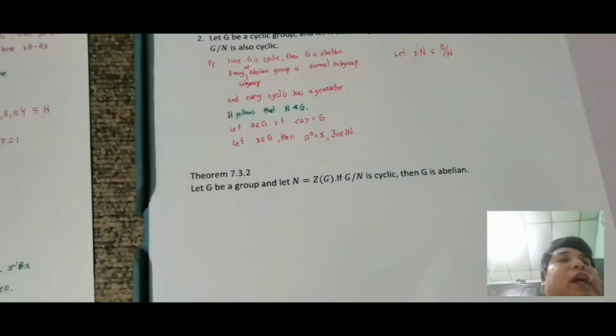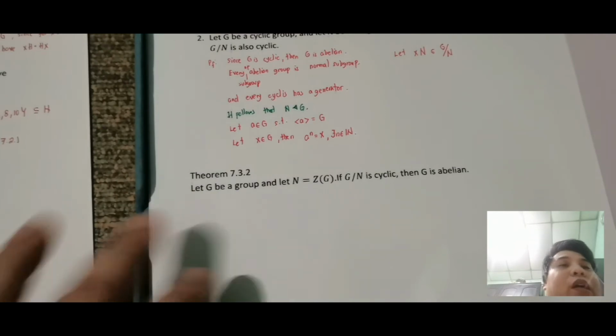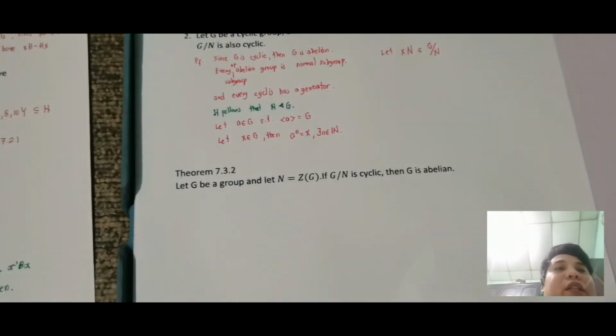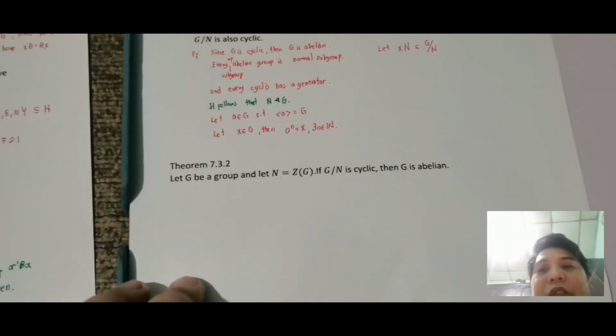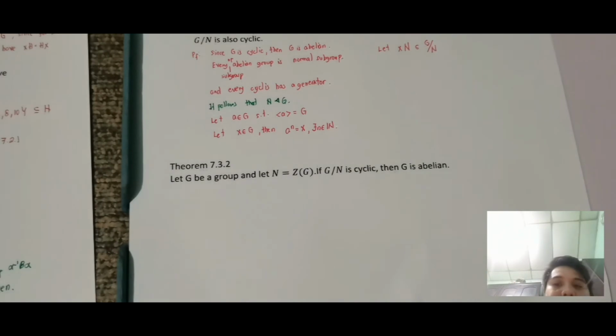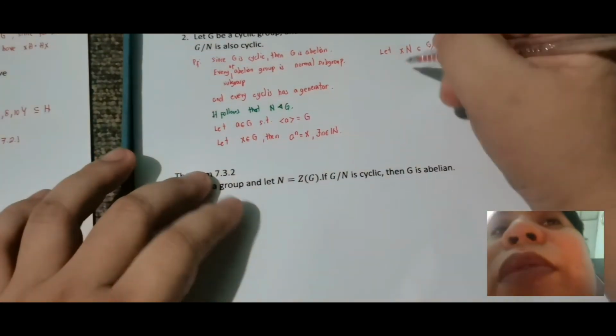Okay, so ano ginawa ko? Nag-let ako ng X times N, element ng ating factor group G by N. Okay, so ano masasabi mo kay XN?